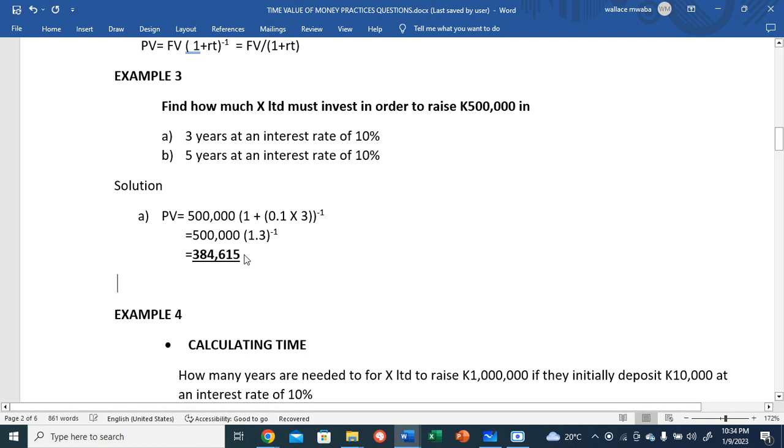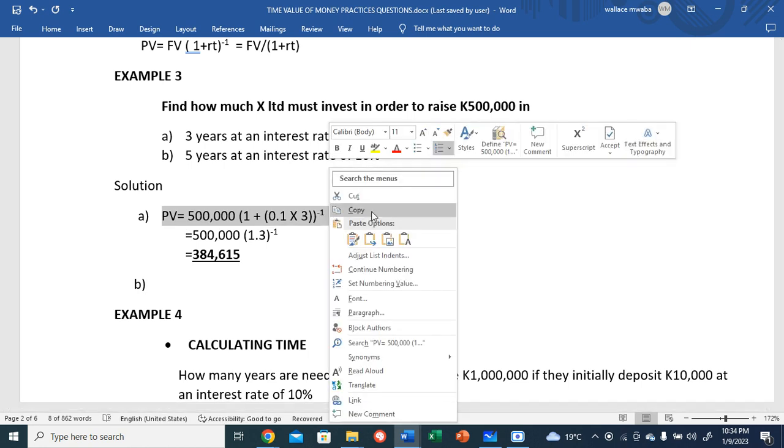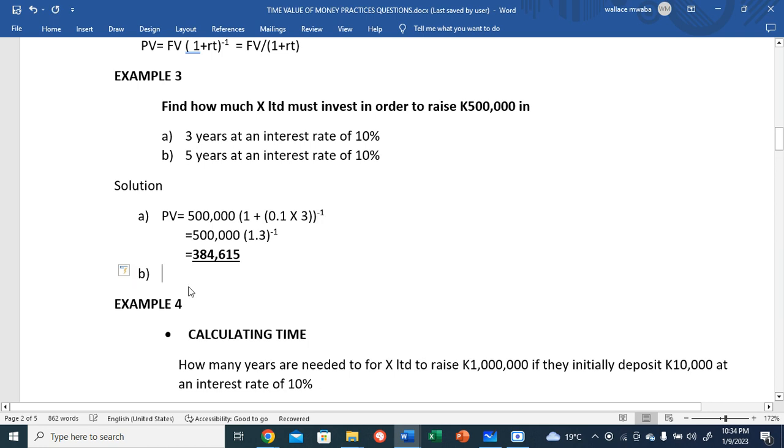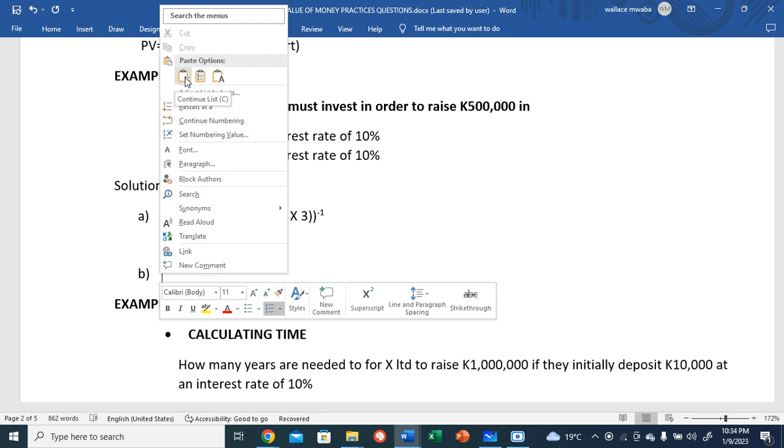Then for our final part, if it's 5 years at an interest rate of 10%, we just grab the formula here.